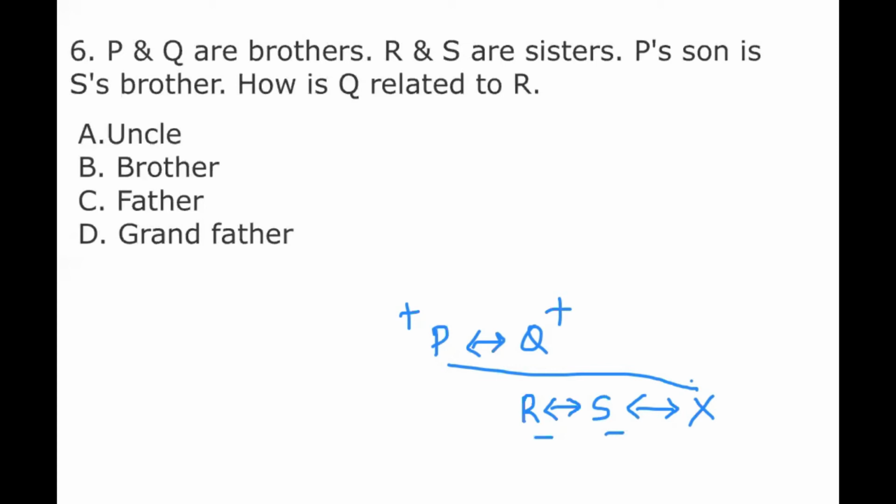Now, how is Q related to R? Q is nothing but brother of father of R, who will be uncle for R. So Q is uncle for R. Option A is the right answer.